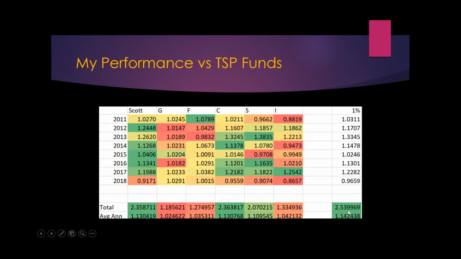Even then, over the course of the 8-year period, you would have had a 253.9969% return on your investment over that same time frame, versus the C fund's 236.88. So again, this actually would have worked out very much in your favor.